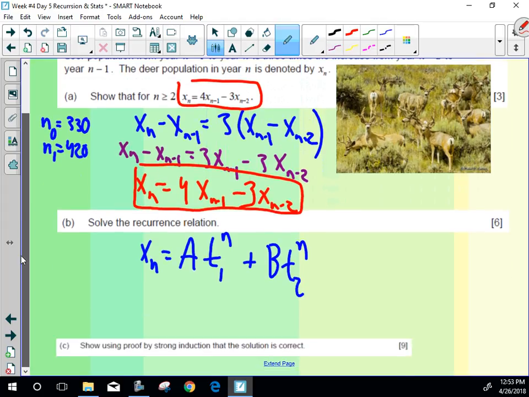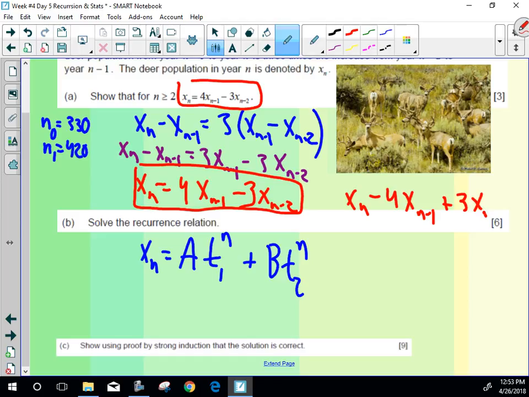So the tricky part of this is that we need to get X of n minus 4X of n minus 1 plus 3X of n minus 2 equals 0. We're going to put that all there.